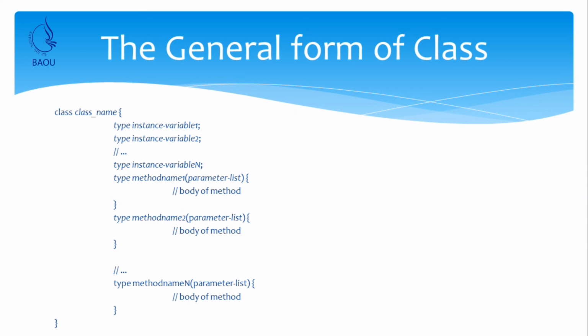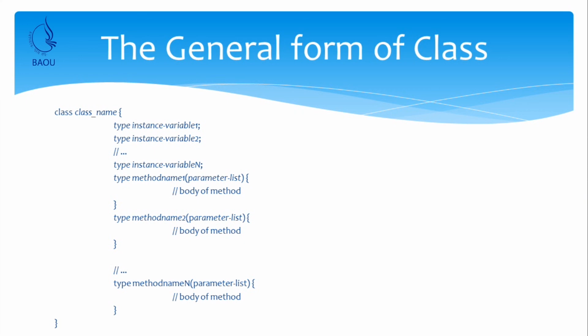Each instance variable has a type and name. Type indicates the type of instance variable. So, we can have one instance variable of one type and another instance variable of another type. You can define any number of instance variables inside class, and then we define methods of the class.